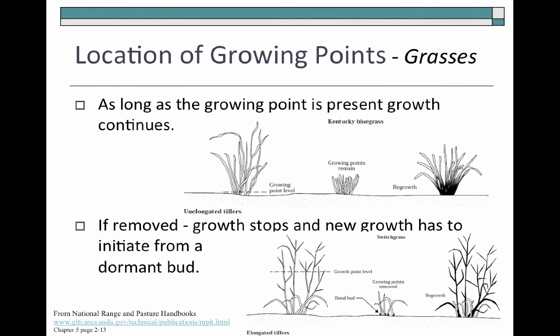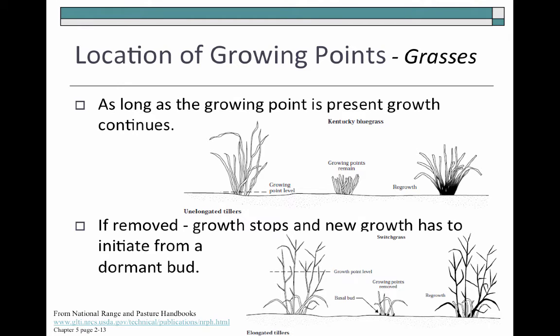All right, so again, if we look at growing point locations, depending on the species of grass or even the type of grasses, they're going to be very different. So Kentucky bluegrass is a common grass that we see in lawn species, and it's actually a common grass in the Midwest as well.